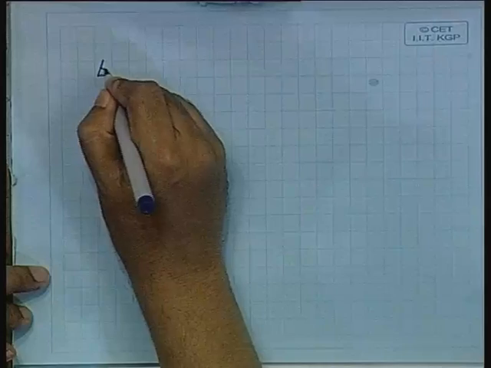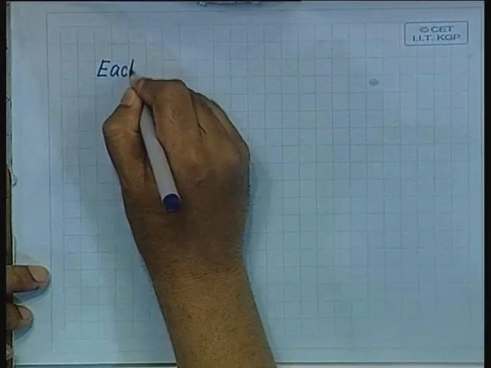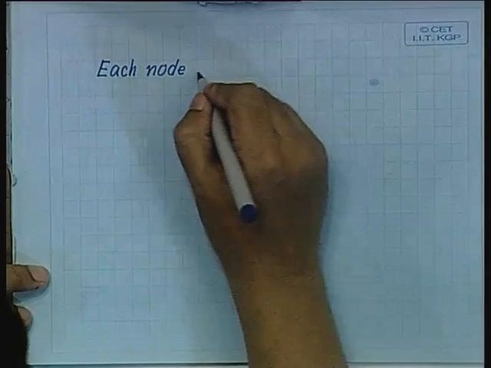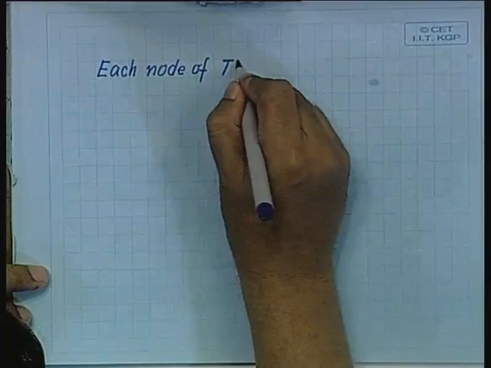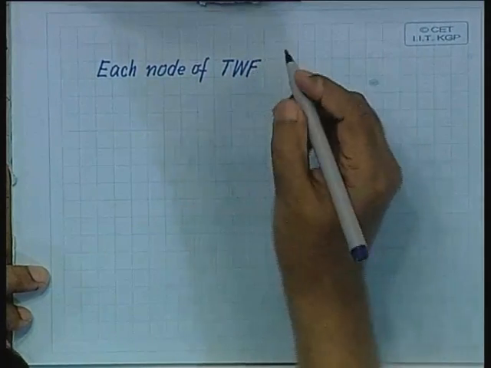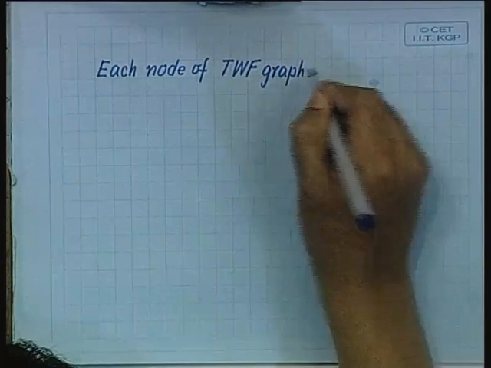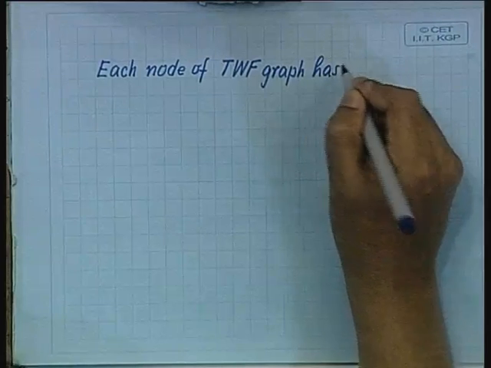So, each node of the transaction wait for graph has two labels.